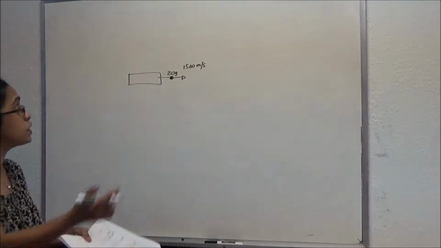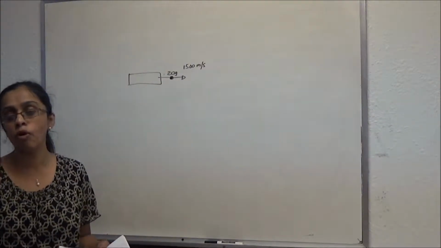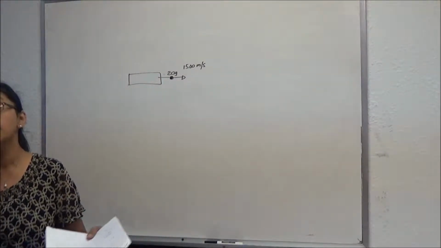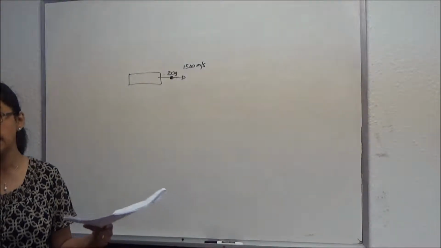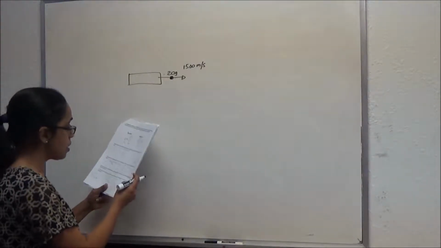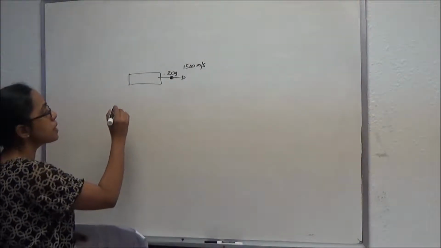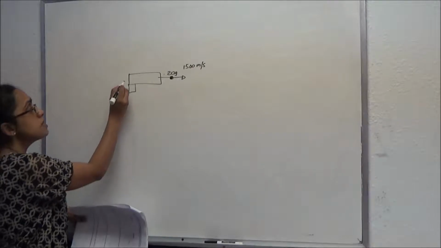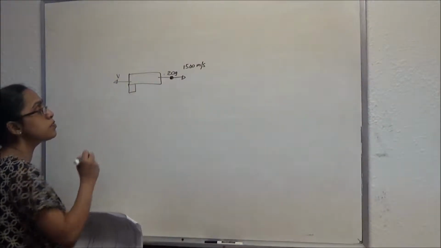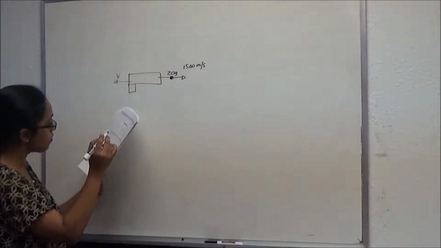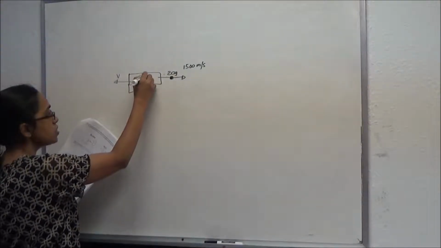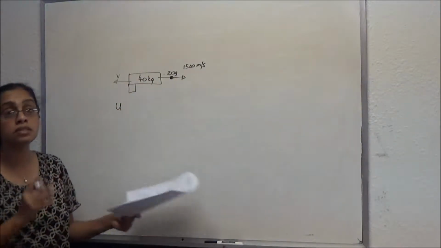Even though this is extremely small, the momentum is extremely large because the bullet is fired at an extremely high velocity. So find the recoil velocity of the rifle. So what's happening? It's going backwards. Let's assume that it was V. And what was the mass of the rifle? 40 kg.